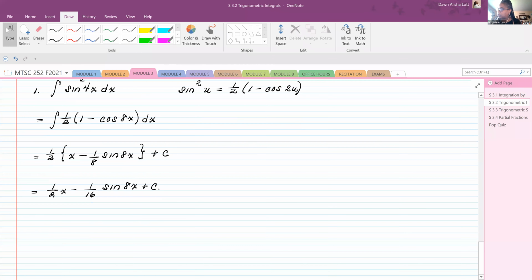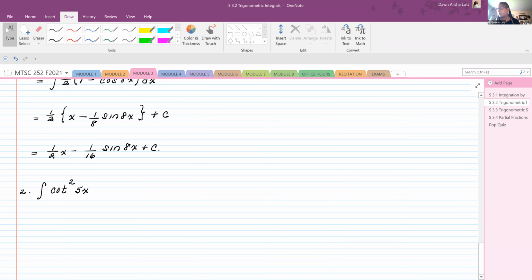Okay, the second example. The integral of the cotangent squared of 5x dx.